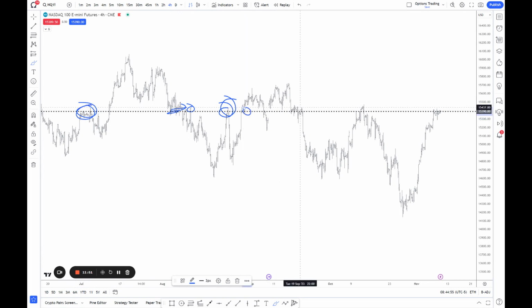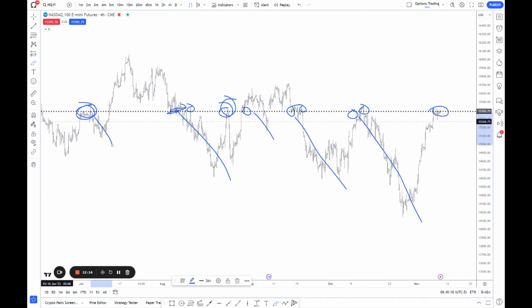Support right in there. This is support turning to resistance, resistance, resistance, and resistance, right? This is the key. So again, look what's happened in the past every time this area has been tempered with multiple times, right?